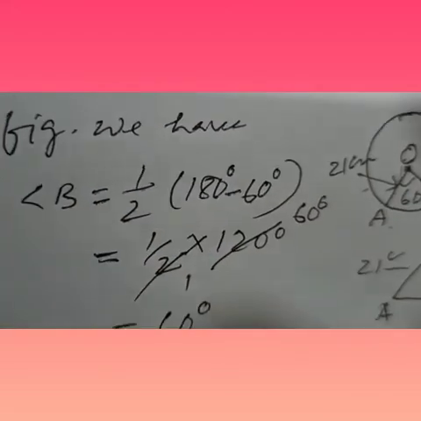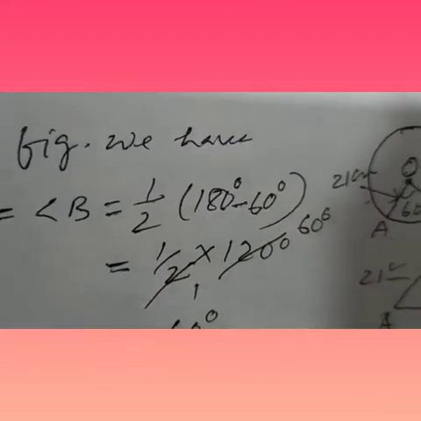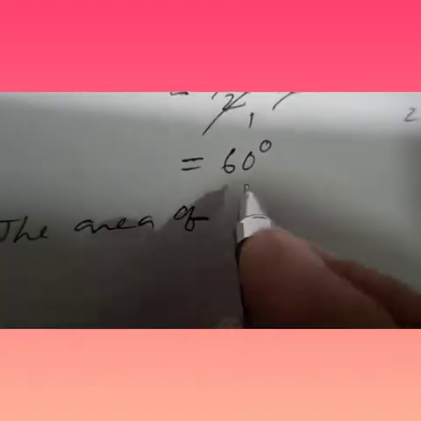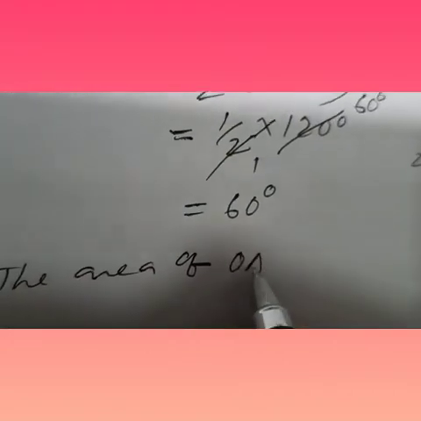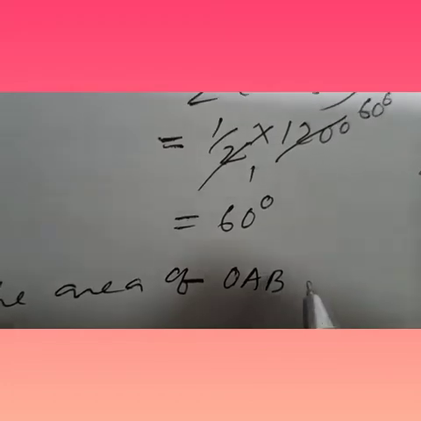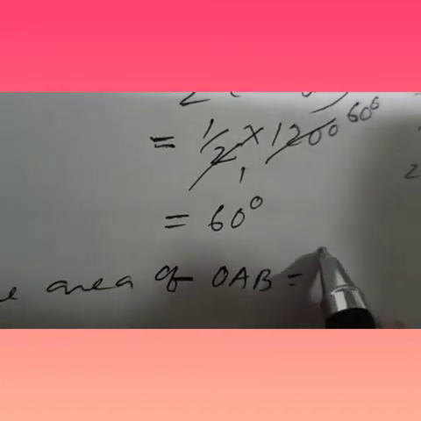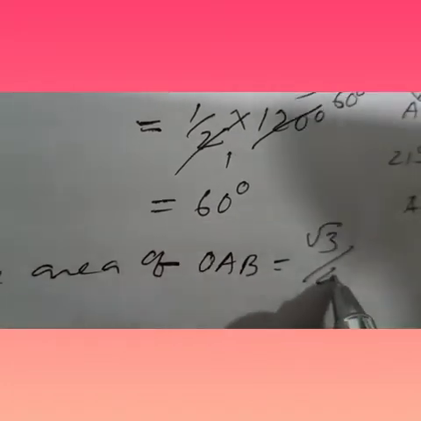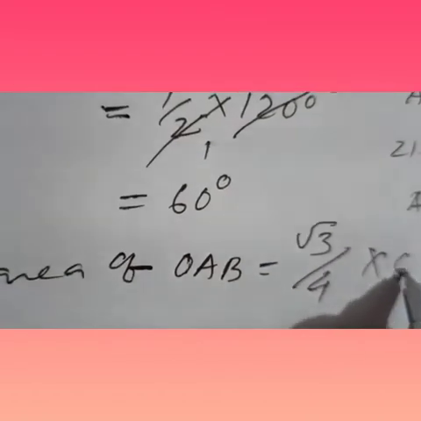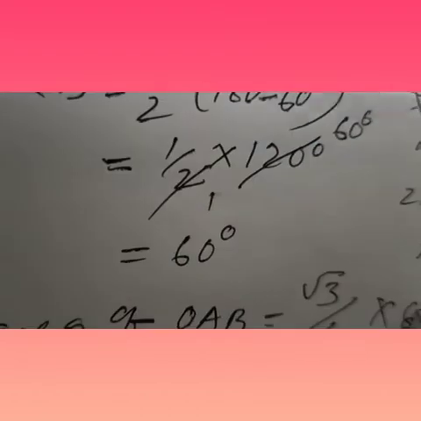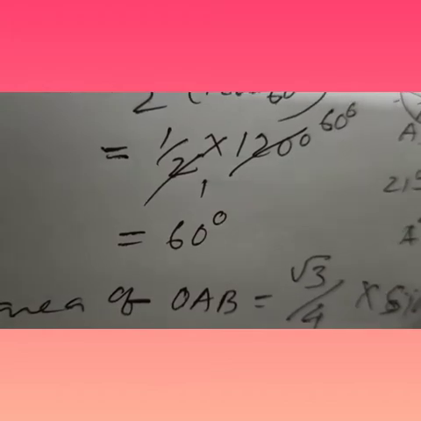Therefore, what happened? The area of OAB, this equal to what? Root 3 by 4 side square. You write side square.